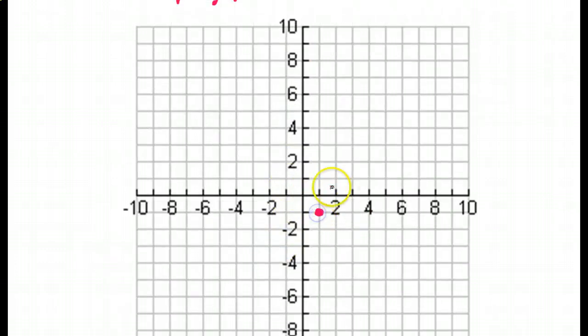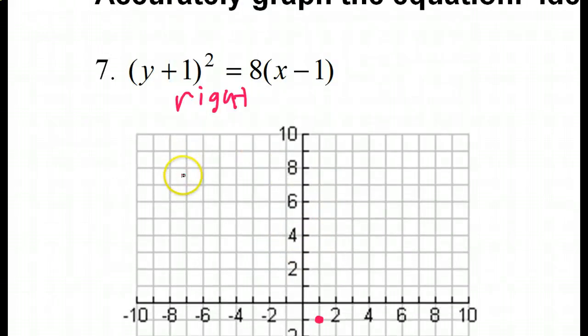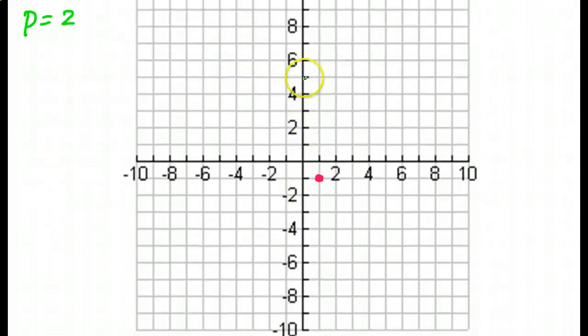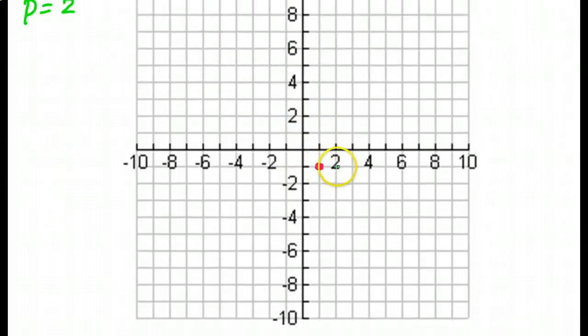Now we need that p-value. We know that 4p is going to equal this 8. So if I divide, that means p is equal to 2. That means I'm going to go 2 to the right, like we said. So starting from here, if I go 2 to the right, this is my focus. So my focus is 3, -1.